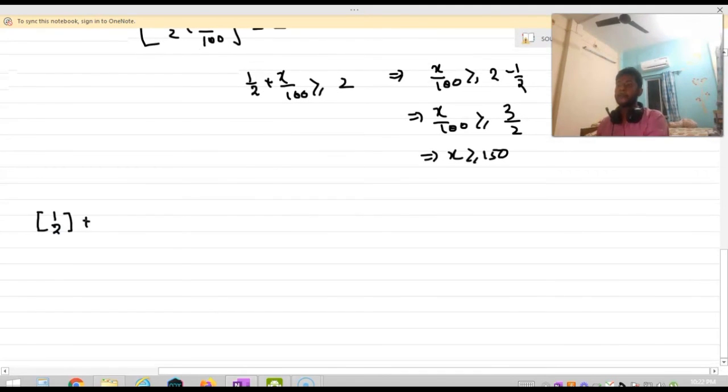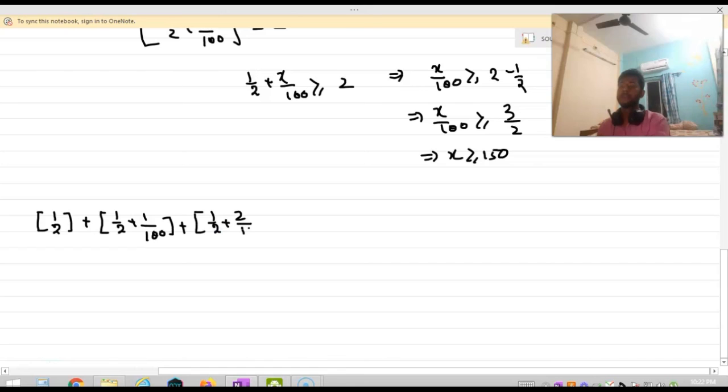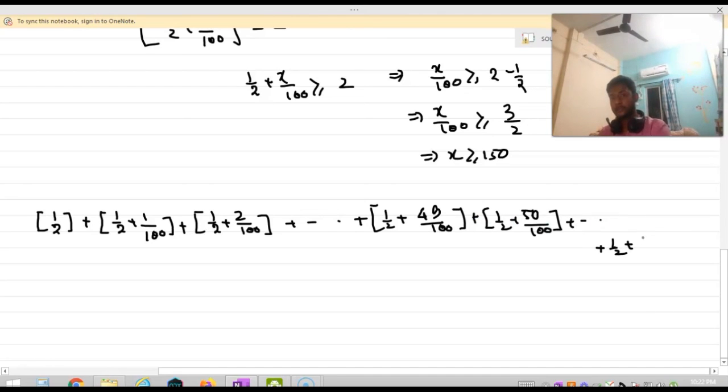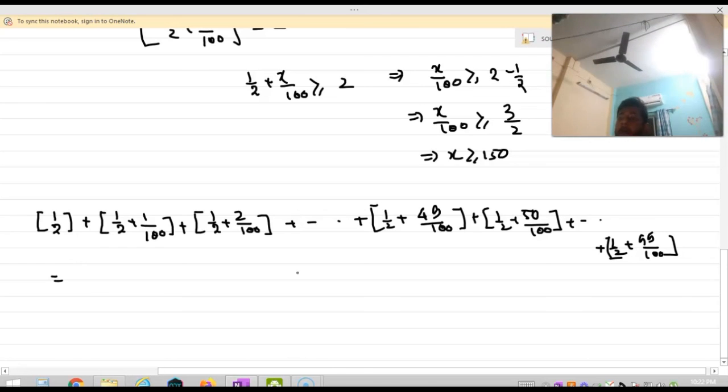Box of half, plus box of half plus 1 by 100, plus box of half plus 2 by 100, plus dot dot, plus box of half plus 49 by 100, plus box of half plus 50 by 100, plus dot dot, plus box of half plus 99 by 100. We can say that box of half is 0, and box of half plus 1 by 100 is 0, up to half plus 49 by 100.